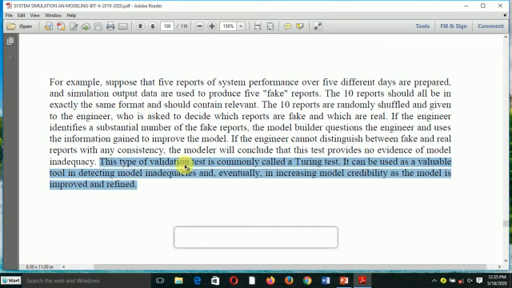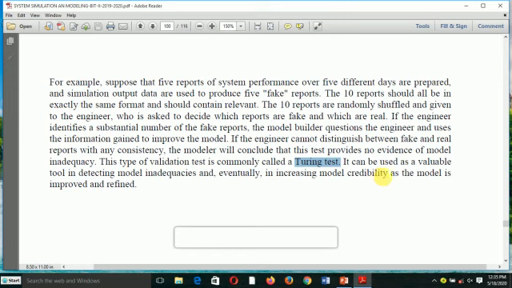So this type of validation test is a common one, this is a Turing test. It can be used as a valuable tool to detect model inadequacies and eventually increase model credibility as the model is improved and refined. Here it can be used as a tool to check if a model is adequate or not, and then we will be increasing the model credibility.